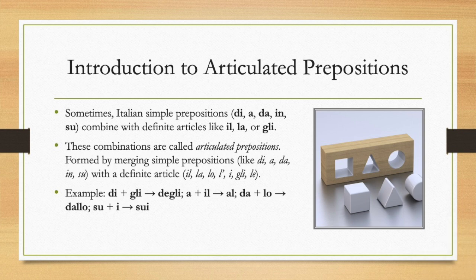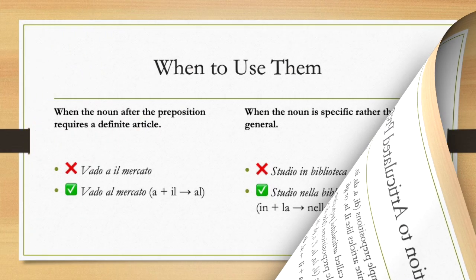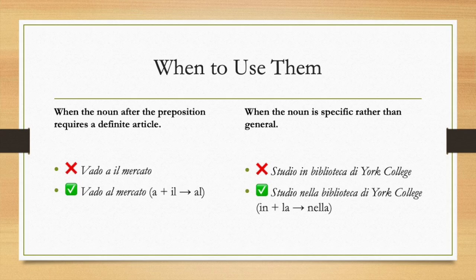Sometimes Italian simple prepositions combine with definite articles like il, la, gli, and so on. These combinations are called articulated prepositions. They are used in two main cases: when the noun after the preposition requires a definite article.